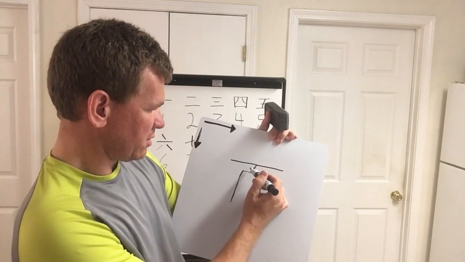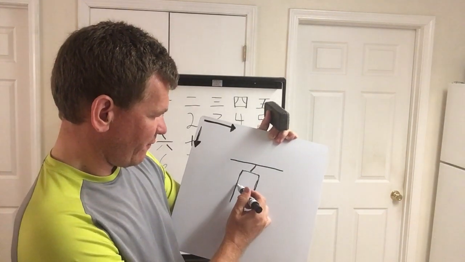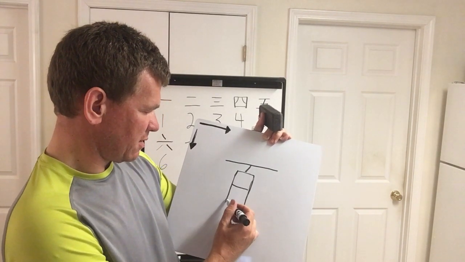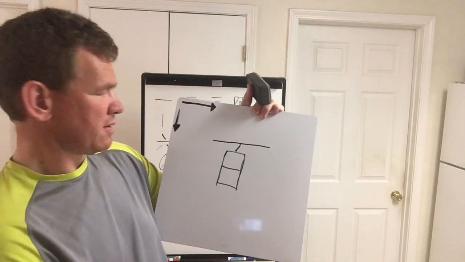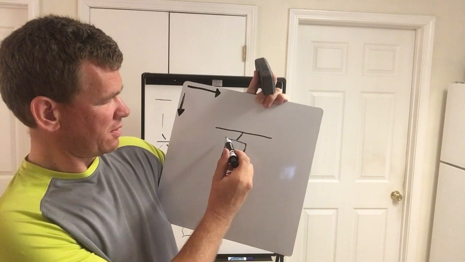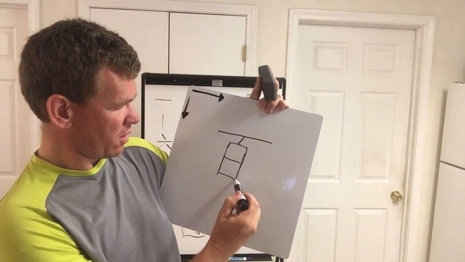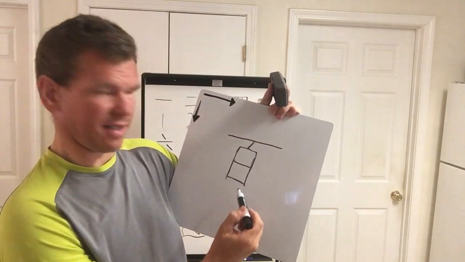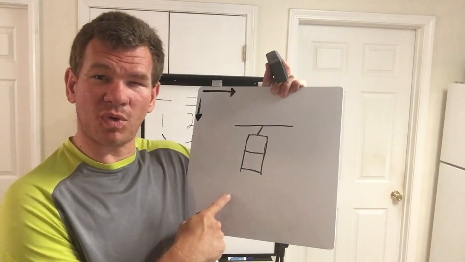So 1, 2, 3, 4, 5 in the middle. 6 strokes. That's 100. Top. 1, 2, 3, 4, 5, 6. There we go. This is 100.